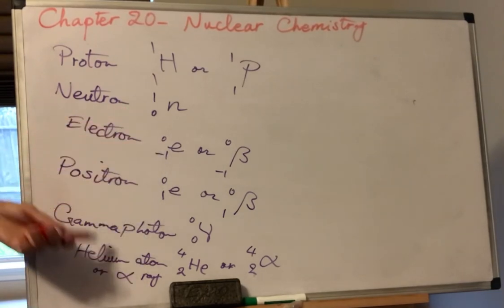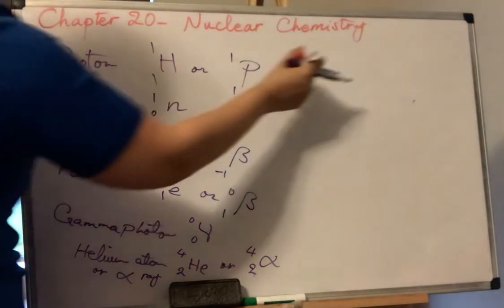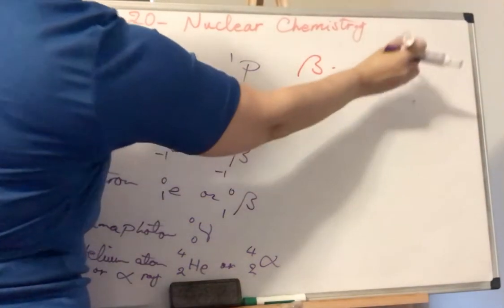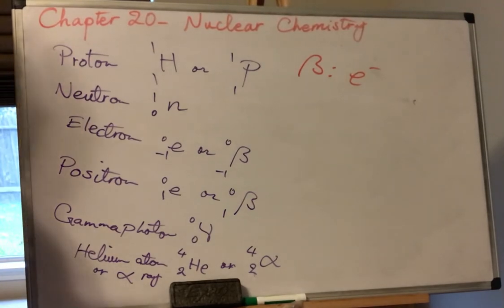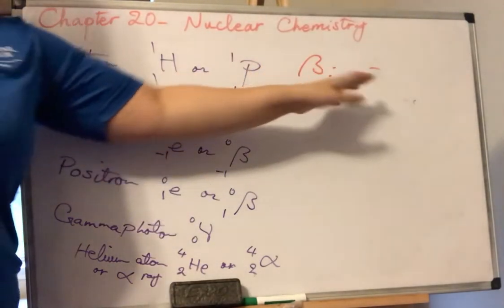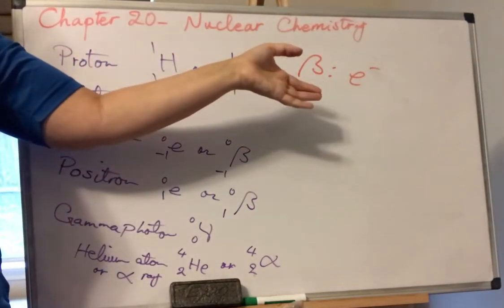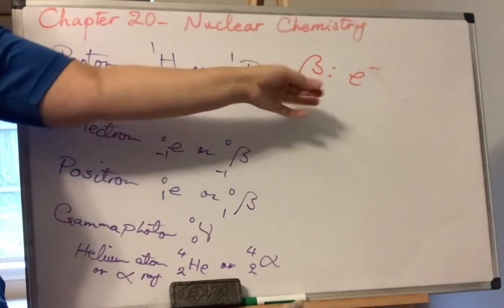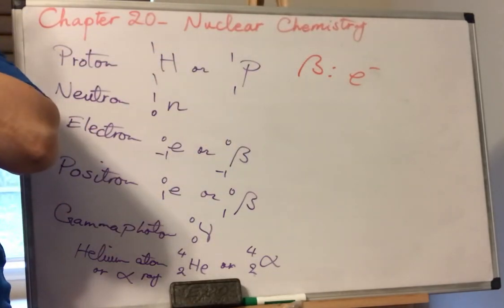So as you see, beta particle is an electron. So beta particle is electron. Beta emission: sometimes we have a beta particle or electron emitted from the atoms. So an electron is ejected, coming out of the atom.